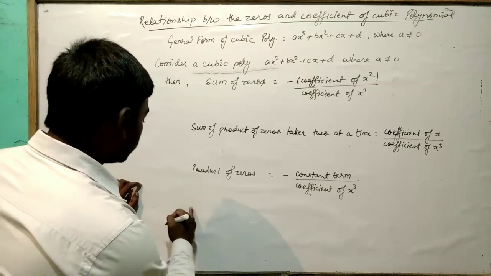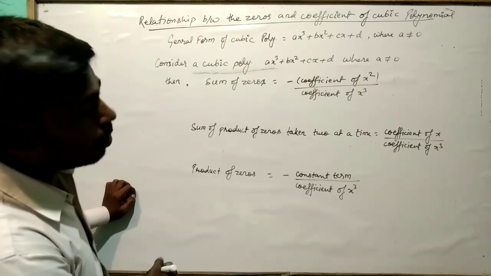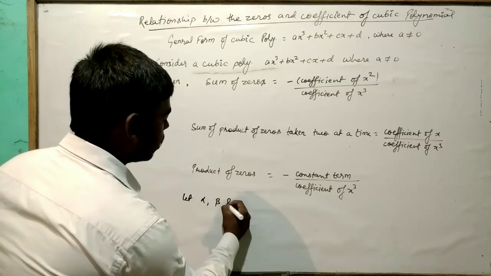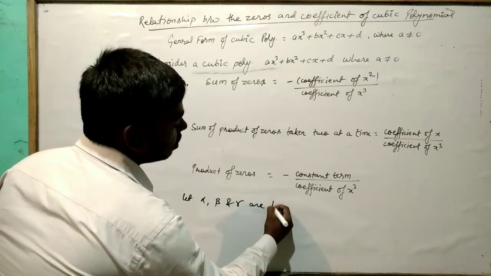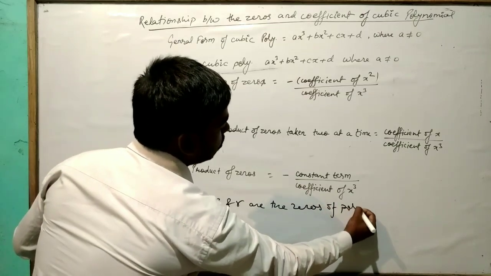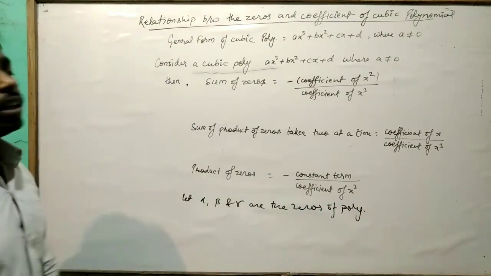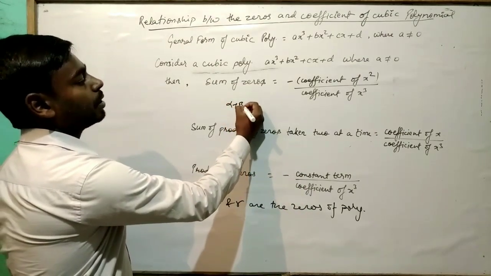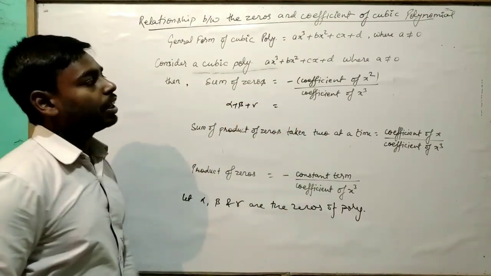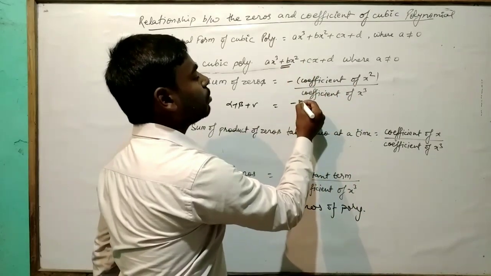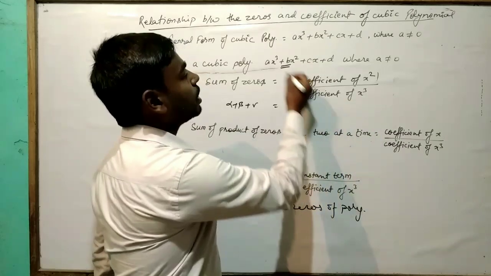Okay, now we see its proof, how it comes. Let alpha, beta and gamma be the zeros of the polynomial. Then we can write the sum of zeros, alpha plus beta plus gamma, is equal to minus coefficient of x square by coefficient of x cube.